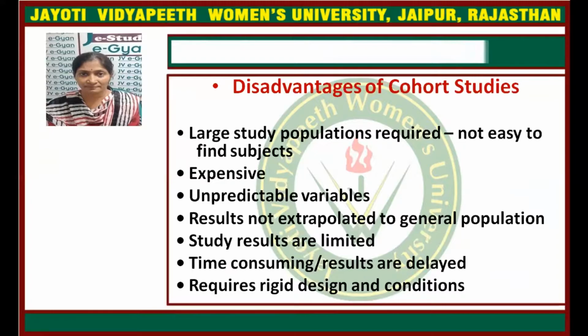Disadvantages of cohort studies: large study populations required, not easy to find subjects, expensive, unpredictable variables, results not extrapolated to general population, study results are limited, time consuming, results are delayed, requires rigid design and conditions.